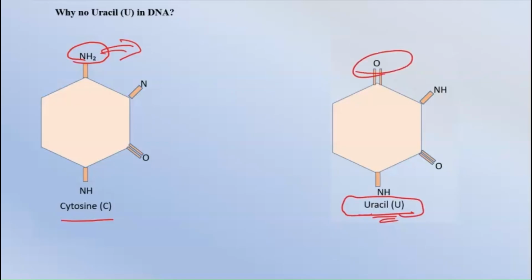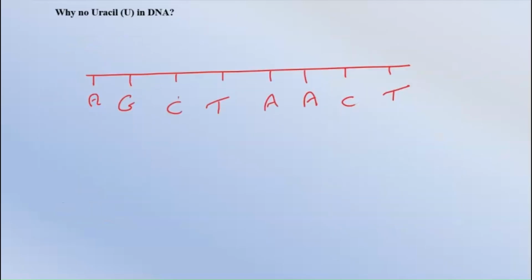Suppose the C here underwent that, and now you have a uracil. And so we have these little clipper enzymes that come in and see that there's a uracil here, and uracil shouldn't be present in DNA. They cut out this portion, remove the uracil, and then reinsert the cytosine again, and everything's fine.